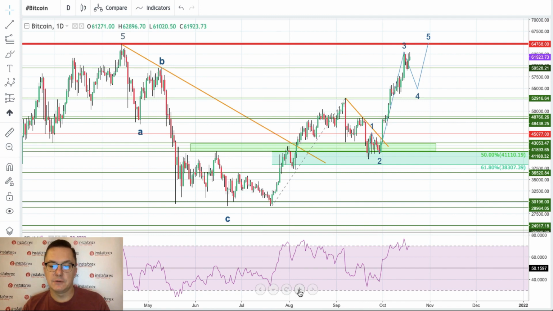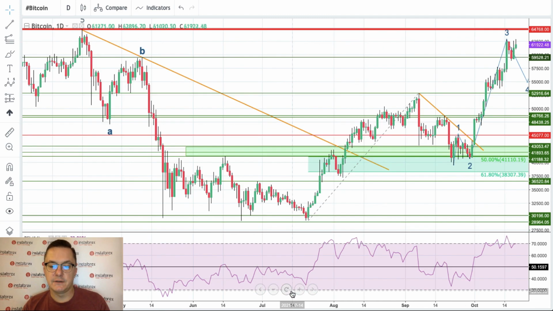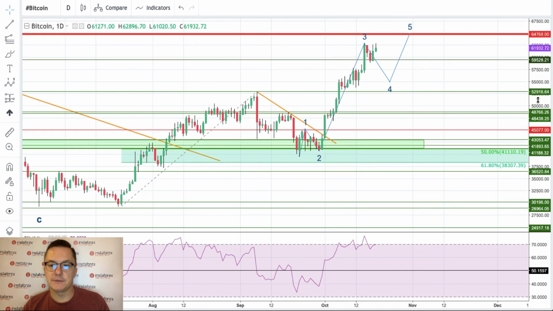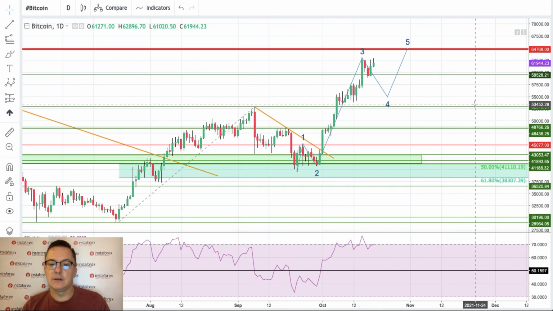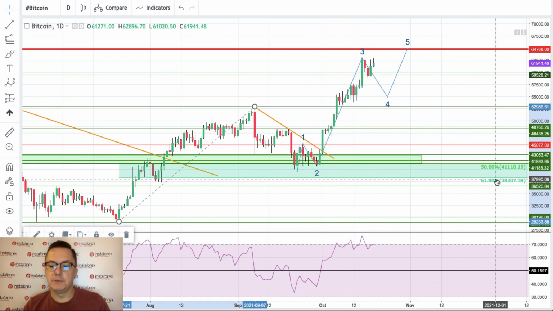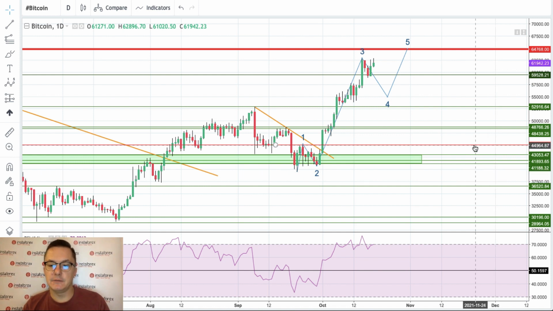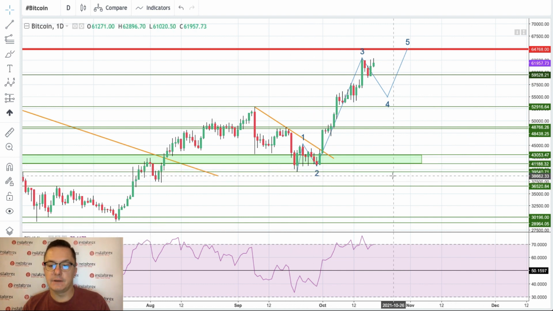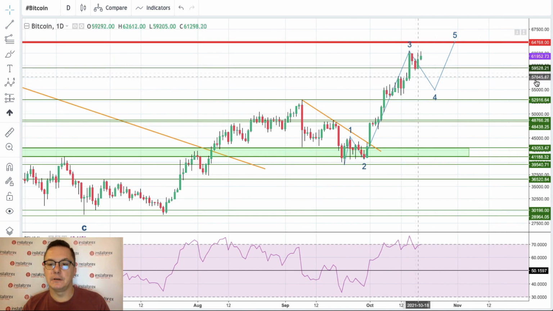I just want to make sure this is very much readable. That level goes here on the lows of the wave 1, and that's the current situation on the Bitcoin. Correction in wave 4 and last push in wave 5 towards all-time high.